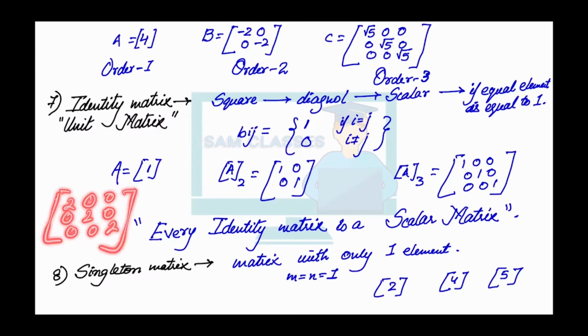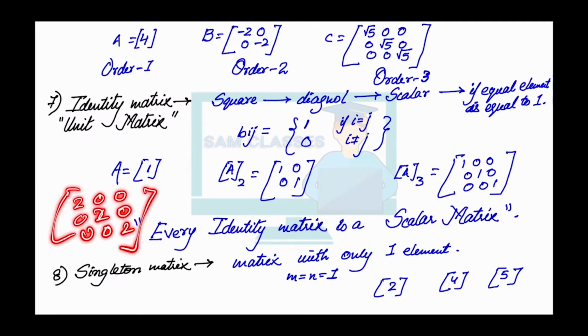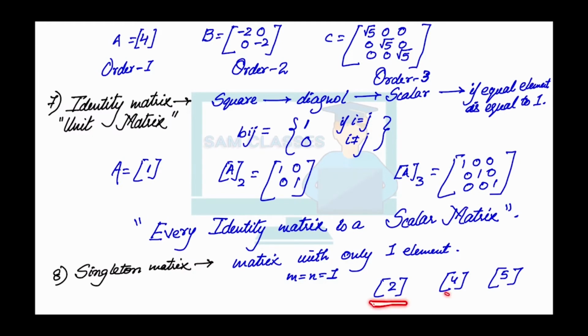This is a scalar matrix because it's a diagonal matrix and the values are the same, but it is not an identity matrix as the equal values are not equal to 1, students. So try to understand, very important. An identity matrix is nothing but a square matrix which is a diagonal matrix, which is a scalar: all diagonal elements are equal to one particular value, and that value is equal to 1.